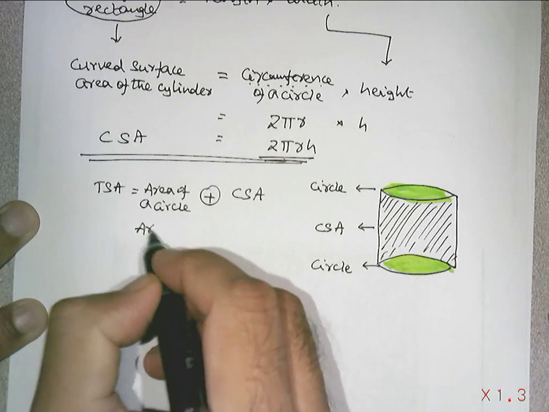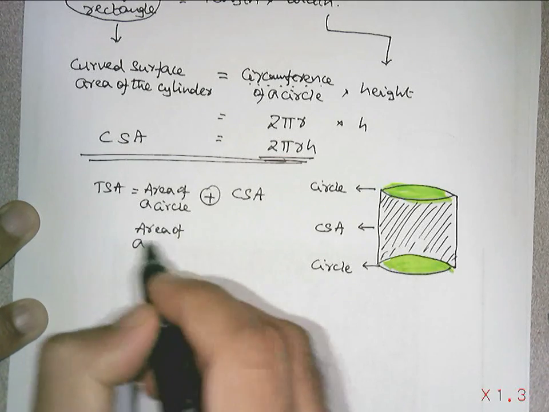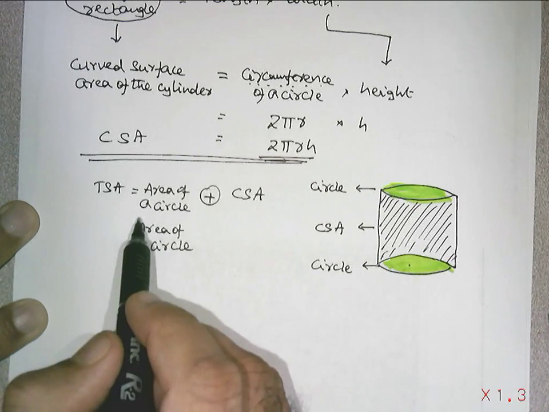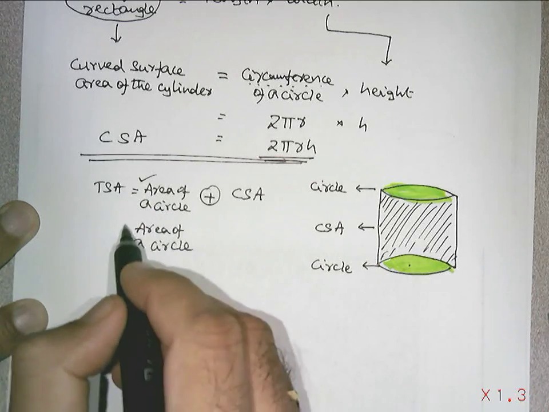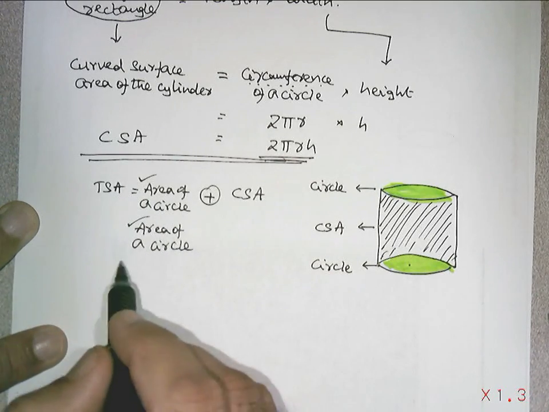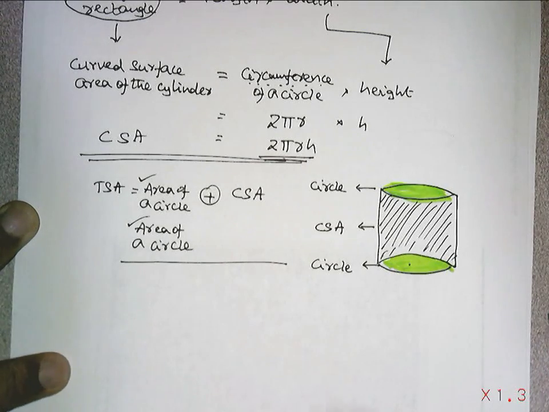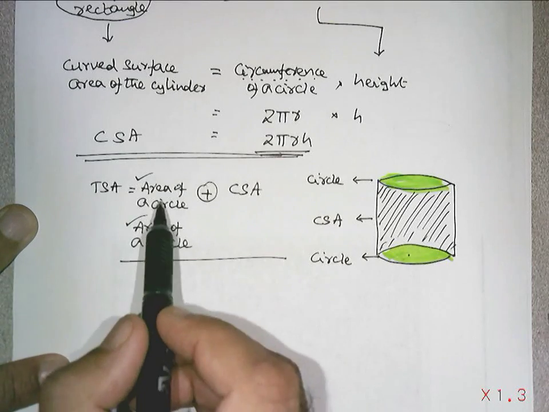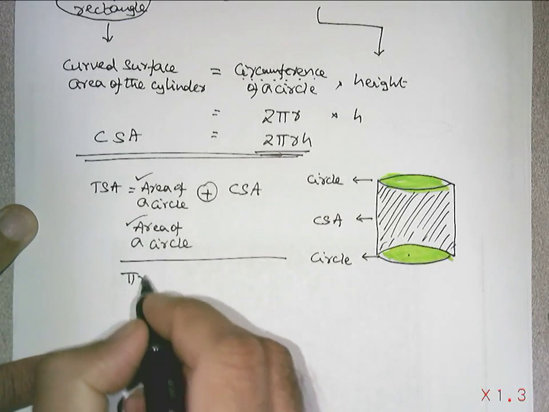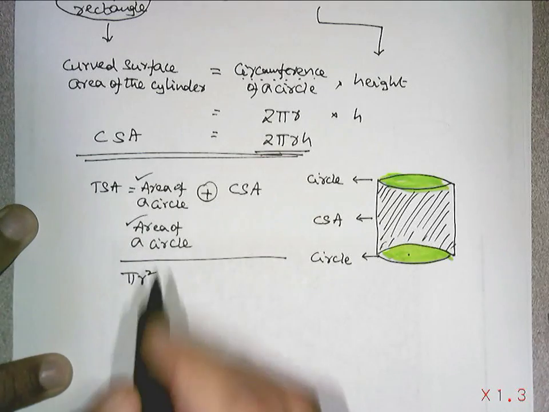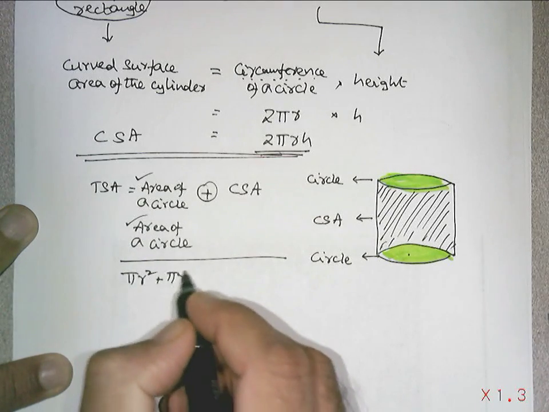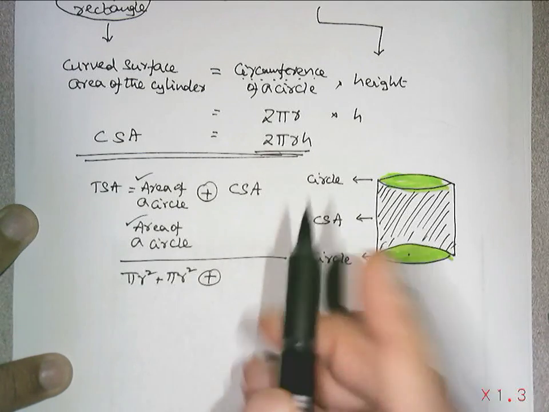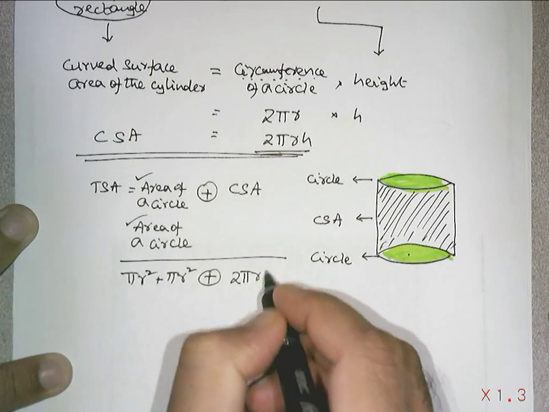Then the total gives you the total surface area. Now, area of a circle is pi r square, area of another circle is another pi r square, plus CSA, which we just learned is 2 pi rh.